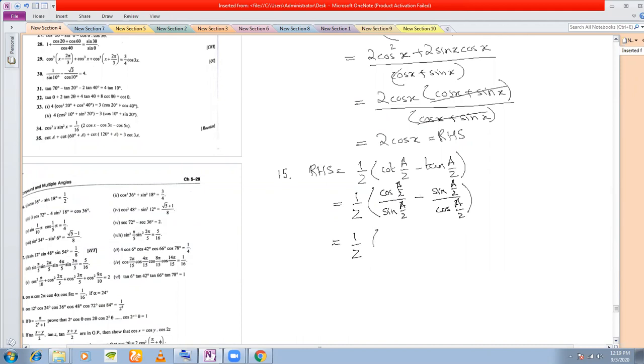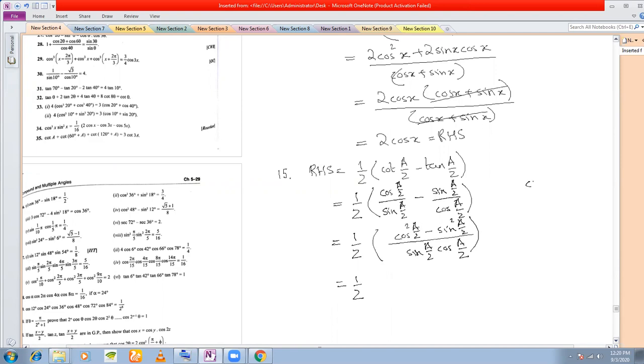Take half, take the LCM, sin A by 2 cos A by 2. So you get cos square A by 2 minus sin square A by 2. You get half of cos square A by 2 minus sin square A by 2.